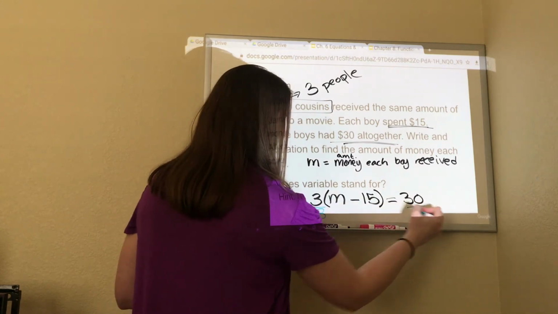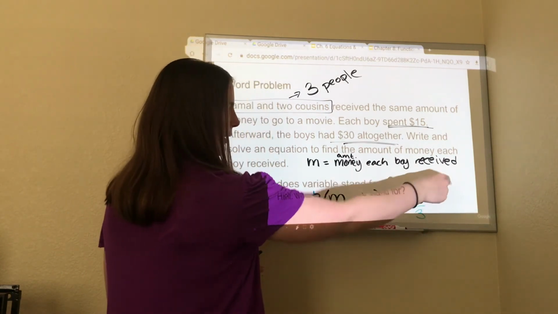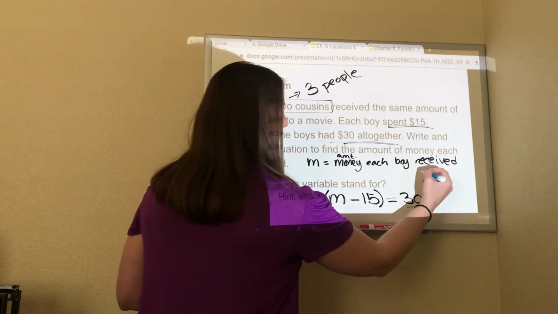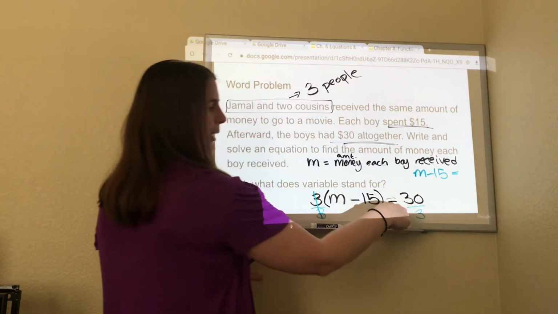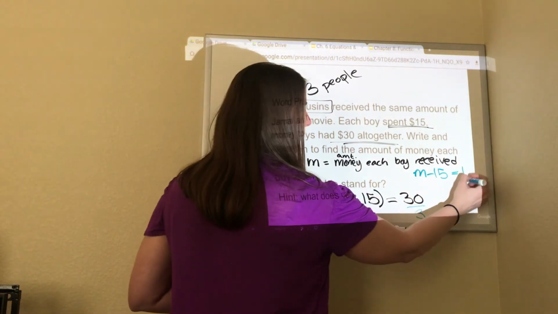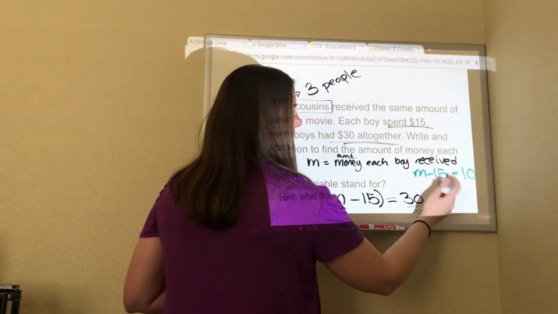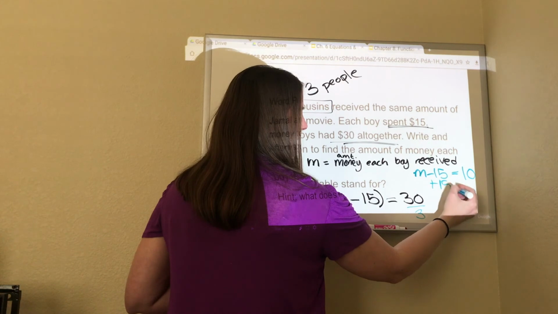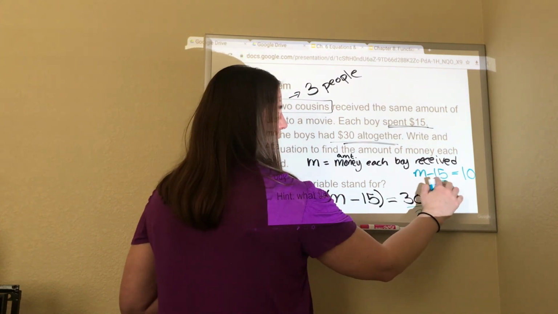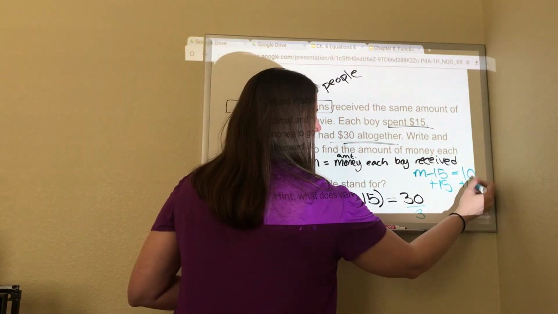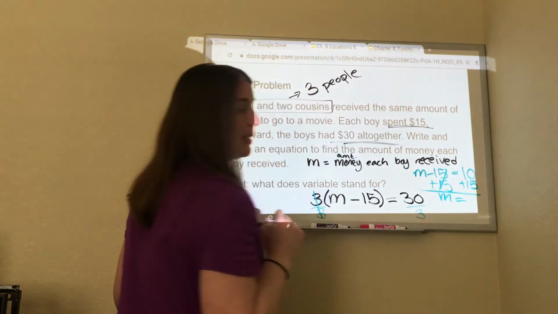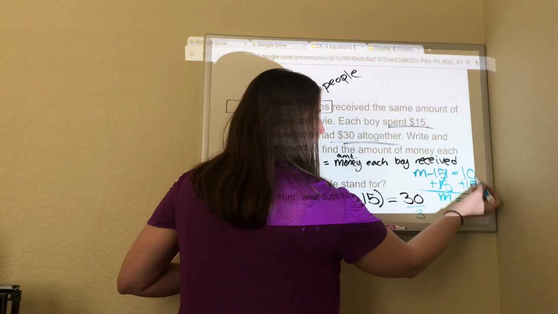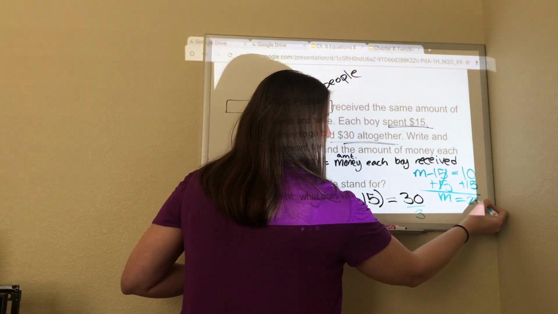It's going to be tight. So I'm going to rewrite it over here. So I have m minus 15 equals, and 30 divided by 3 is 10. And then I have to add 15 to both sides because it's subtracting 15. So I get m equals, the 15s cancel out, and then 25.